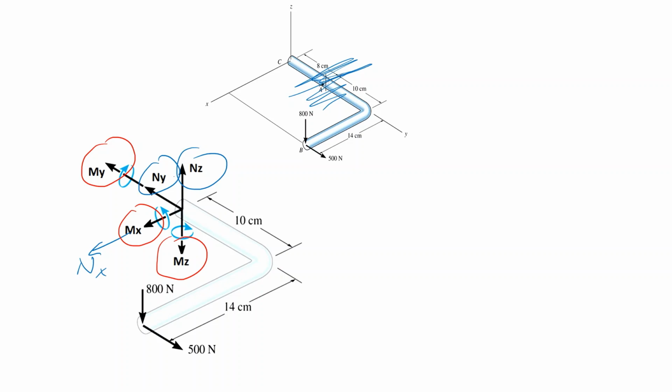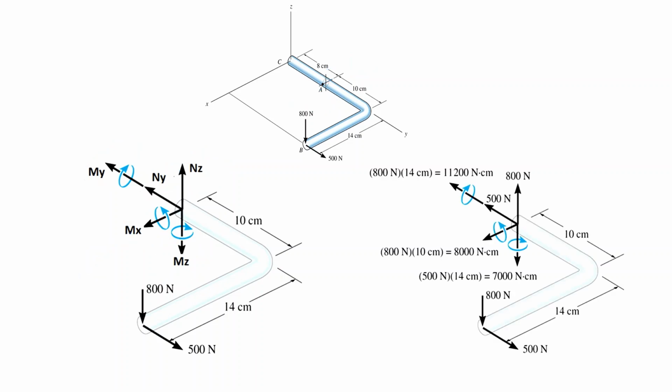So the next step is, let's try to find the internal forces and the moments one by one. Well, it's not shown here, but we can also imagine that there is also an Nx. But since the external forces do not have any components in the X direction, Nx must be 0. So we can just forget it and come to Ny.